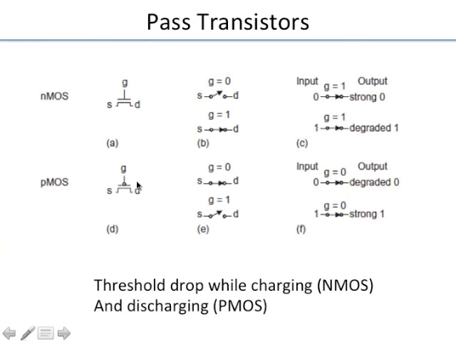Now, the PMOS has the opposite problem. In the case of PMOS, it passes a 1 very nicely. That's why we use PMOS for the pull-ups, but it doesn't pass a 0 properly. Why? Let us say the input is 0, the output D is VDD, and the gate is also 0.